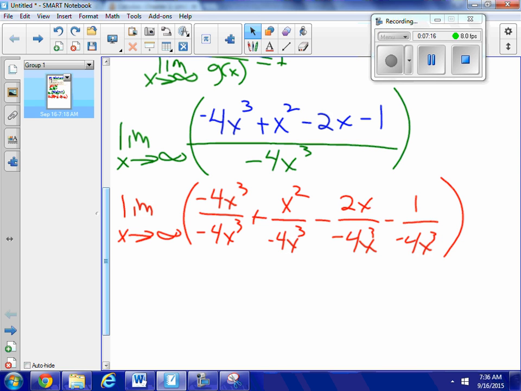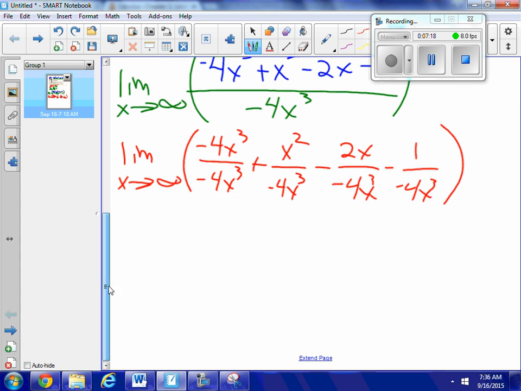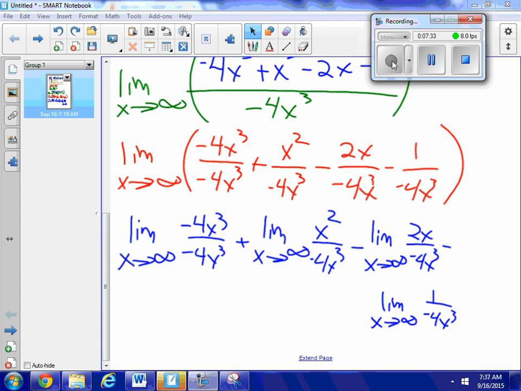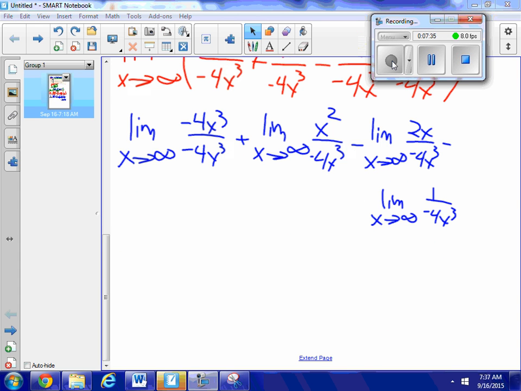And I know, since we're using the properties of limits, we could change that into the limit as x approaches infinity of each term individually. So I've written all those out in an instant there, you didn't even see me do it. And let's look at them one at a time.